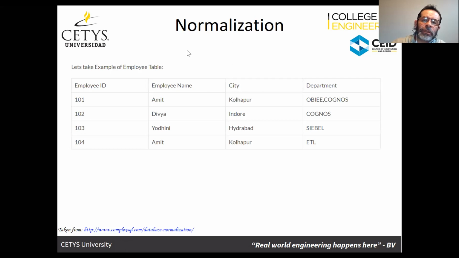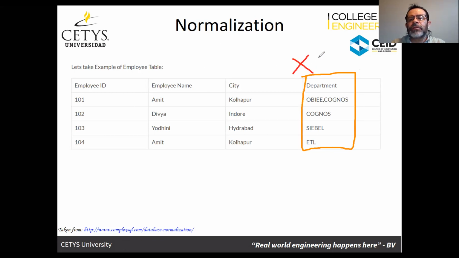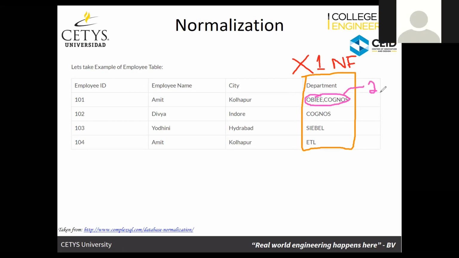This is an example of a field or attribute that does not comply with the first normal form. Why is that? Because we don't have atomic values for all of the elements in that field. How many values do we have here? Two. So it's either OBIE or Cognos. How many do I have here?